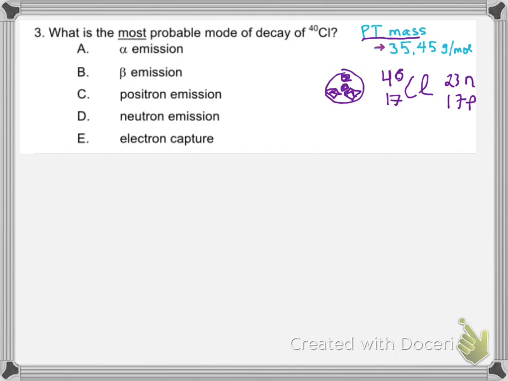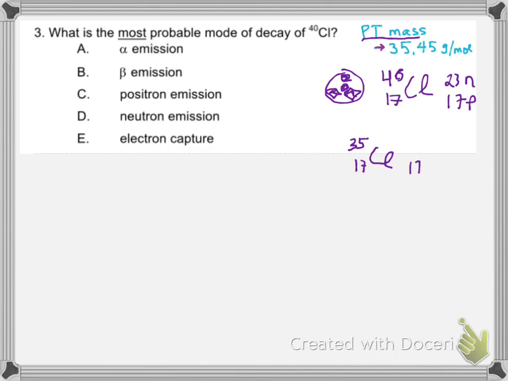Then we want to compare this with the stable isotope found on the periodic table. So as we have up there, the most stable isotope of chlorine is chlorine 35. So, by virtue of being chlorine, it has 17 protons and an atomic mass of 35. So this is for the stable one.